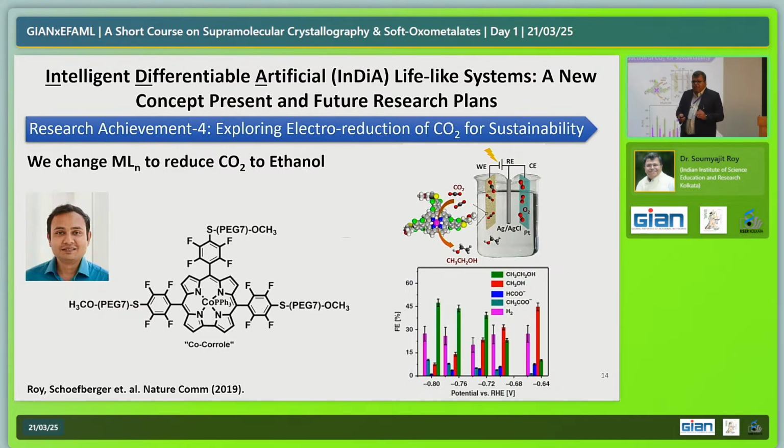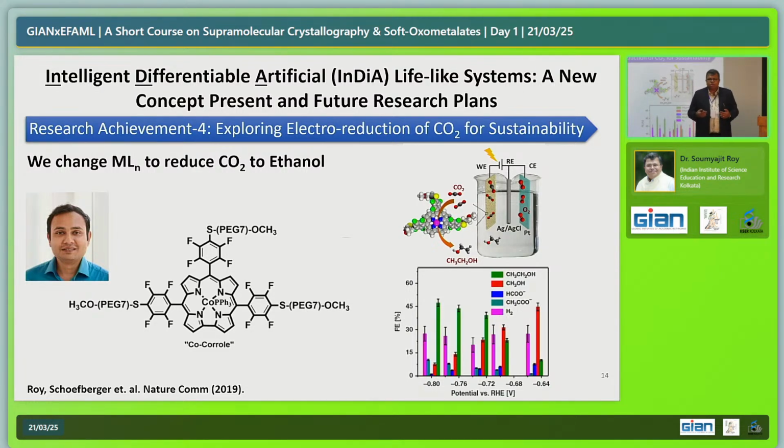And when we did that, it also had one of the highest turnover numbers and one of the highest Faradaic efficiencies. We had, of course, a collection of different reduced products, but ethanol was obtained at a Faradaic efficiency of 47%, which was really, really high.